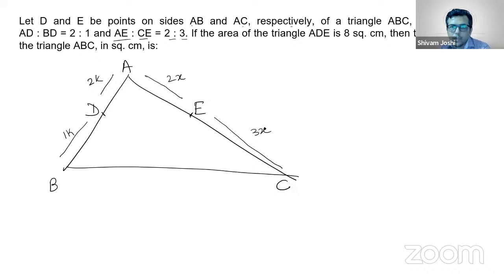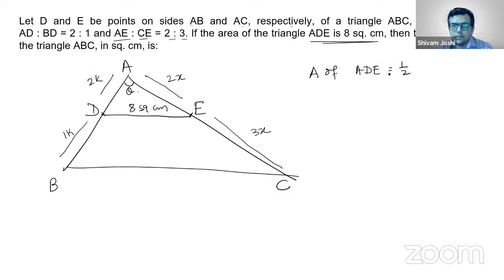The area of the triangle ADE is 8 square centimeter. Then the area of ABC is how much? If you take this angle as, let's say, theta, how do you find out the area of ADE?